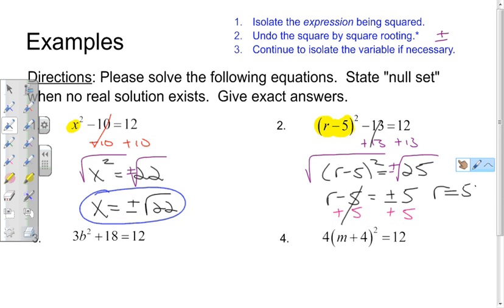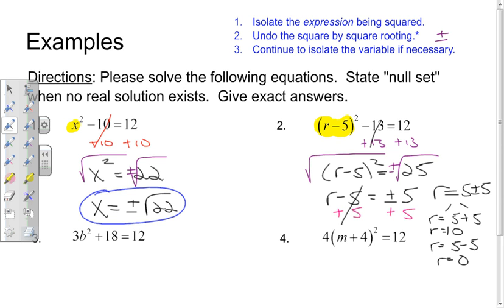So I get 5 plus or minus 5. Now this splits into two problems. It's r equals 5 plus 5 and r equals 5 minus 5. So we see that 5 plus 5 is 10, and 5 minus 5 is 0. So there's two answers here.